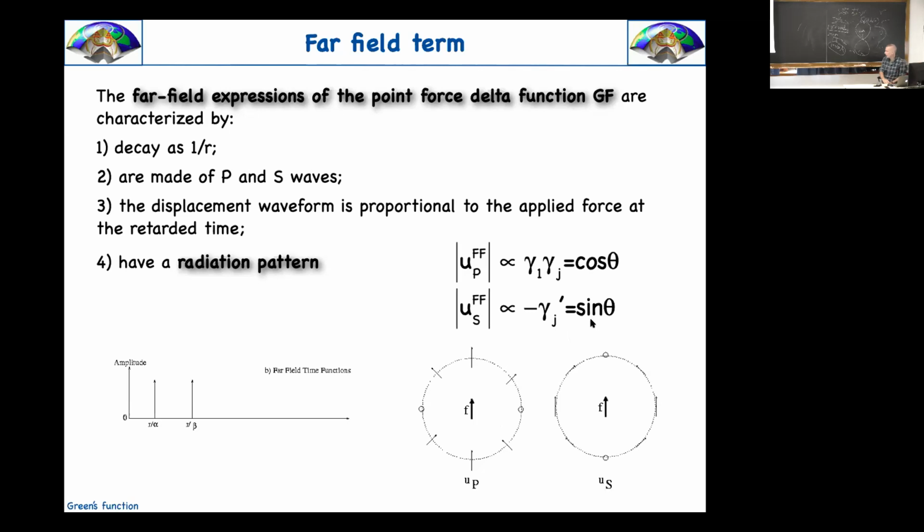Well, what about the S waves? It will be complementary. What we're going to feel is nothing in front, nothing in the back, a maximum shear in one direction, and maximum shear in the other direction on the other side.